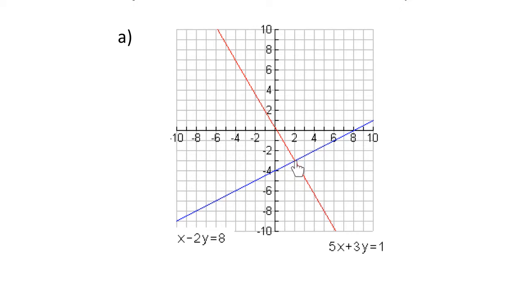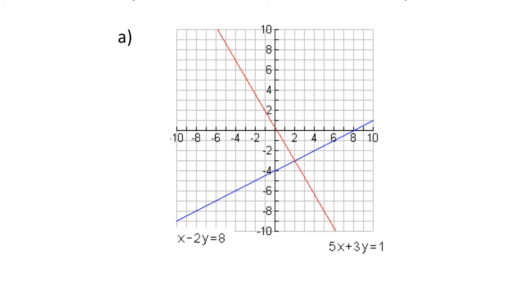So this particular point is going to be our point of intersection, and to identify it, all we need to do is identify what this particular coordinate point is. So remember, a coordinate point is always made up of an x and a y value. So at this particular point, my x value is 2, and my y value is -3.